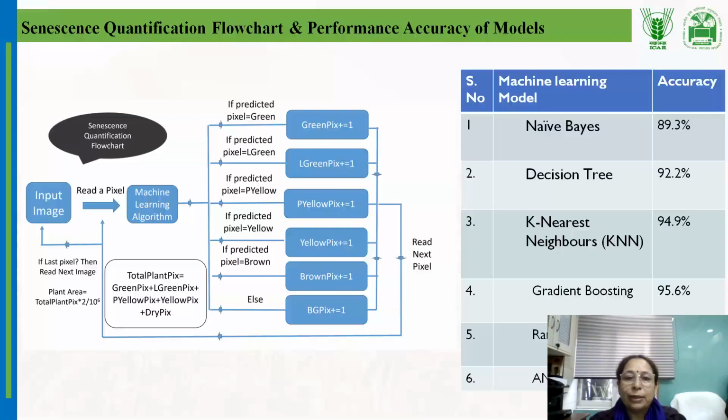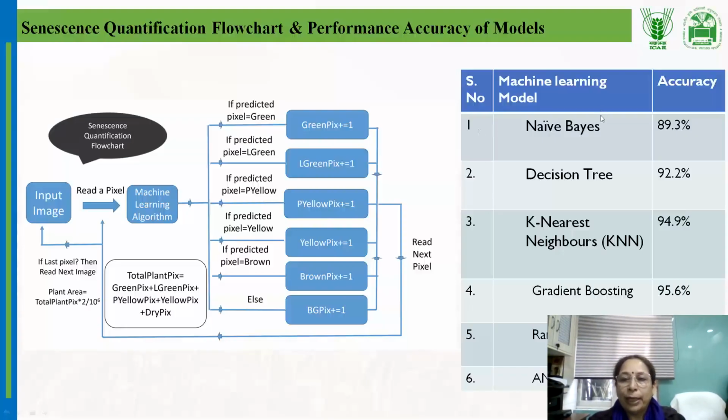For example, if the pixel belongs to a green category, the green pixel variable will be incremented by 1. Similarly, all the pixels were divided into different classes, and then we went for the estimation of the total plant pixels, which is the complete plant area, a combination of all these pixels divided into different color categories.